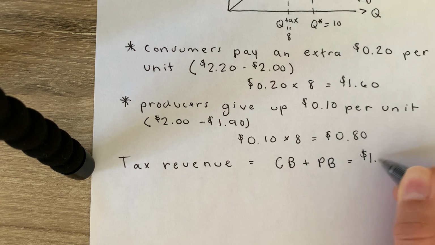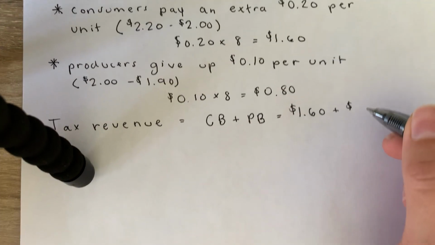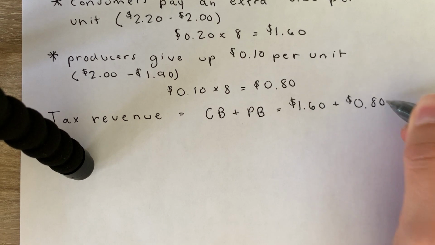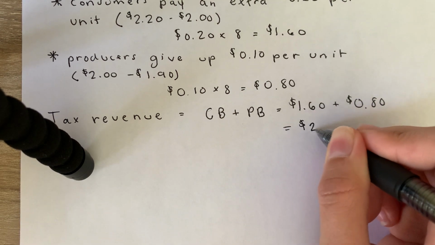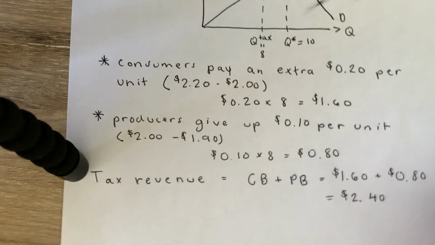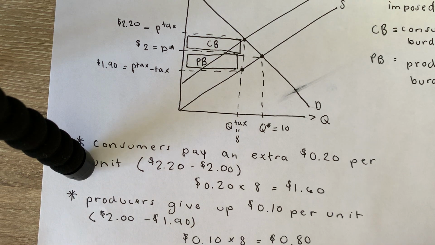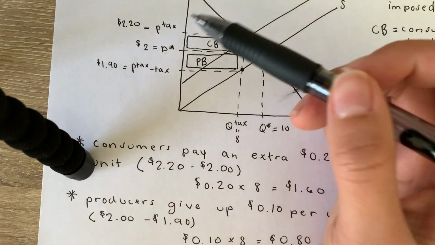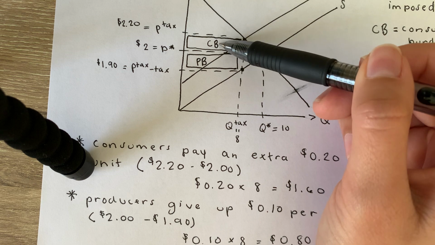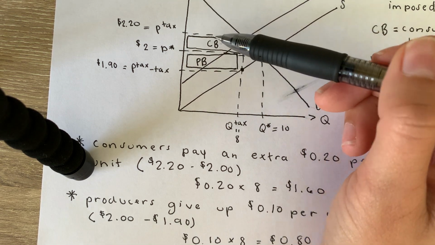This was $1.60 plus 80 cents, right? So this gives me $2.40, right? So that's simple, it's not too bad, right? It's pretty simple. It's just when you add your consumer burden and your producer burden, you get the tax revenue, right? And you can also do this differently.